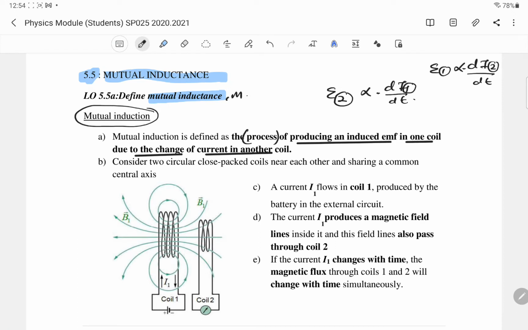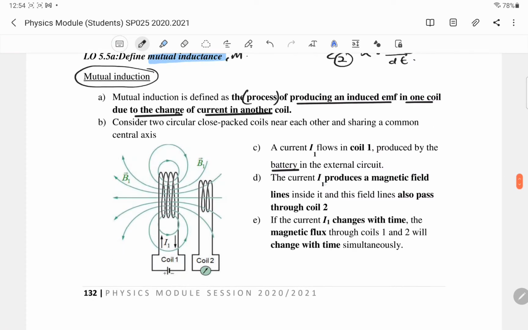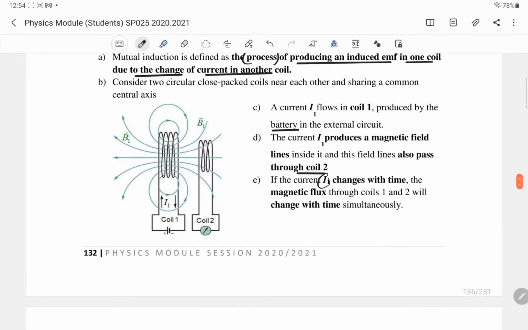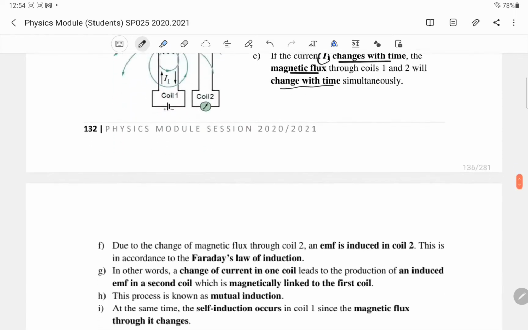Okay, the current I1 flows in coil 1 produced by the battery in the external circuit. The current I1 produces magnetic field lines inside it, and these lines also pass through coil number 2. Alright, so current 1 changes with time. The magnetic flux through coil 1 and 2 change with time simultaneously.